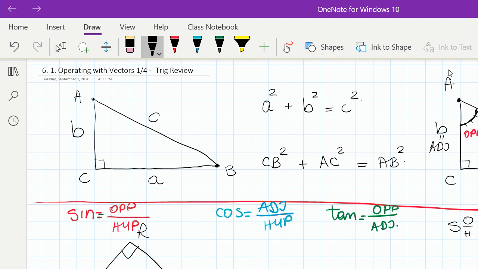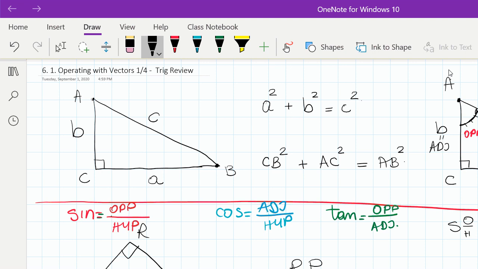And let's say that we are looking at angle Q. So when we find the sine of angle Q, this will be opposite, which is RP, over hypotenuse, that is PQ.